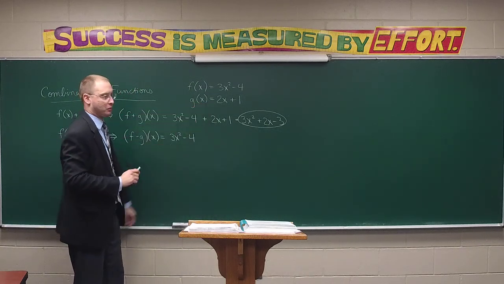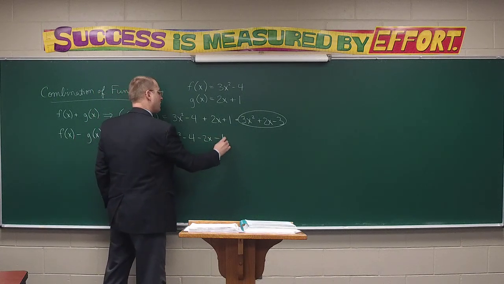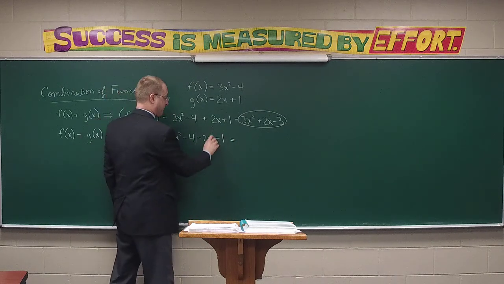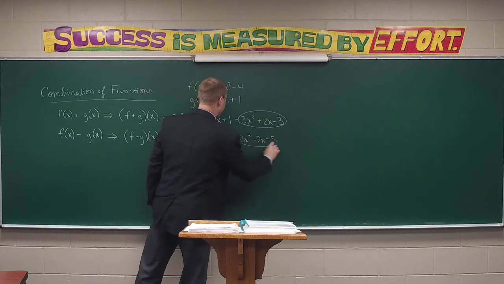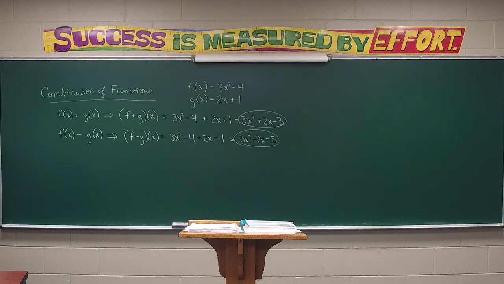So not 2x plus 1, class, make it negative 2x, negative 1. So now when I combine the only like terms I've got, I get 3x squared, negative 2x, negative 5. And that's f minus g of x. Still so far so good? Still easy enough to combine 2 functions?